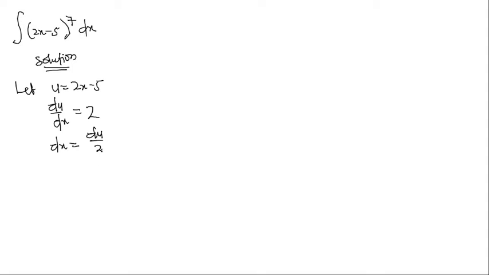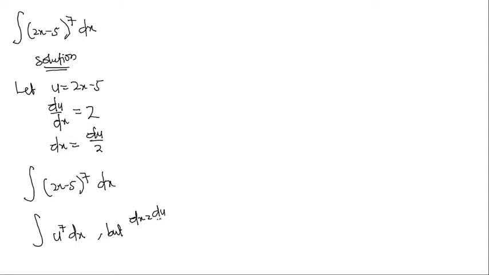Alright, now that we have this, let's go back and bring our equation back. So we have the integral of 2x minus 5 raised to the power 7 dx. We said let 2x minus 5 be u, so we have the integral of u power 7 dx. But remember we made dx the subject over here, where dx is equal to du on 2.